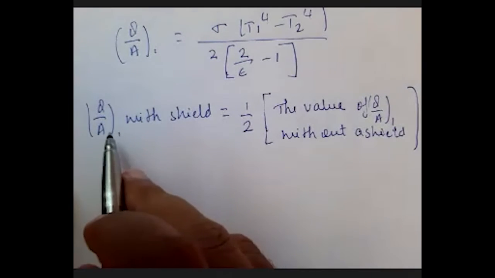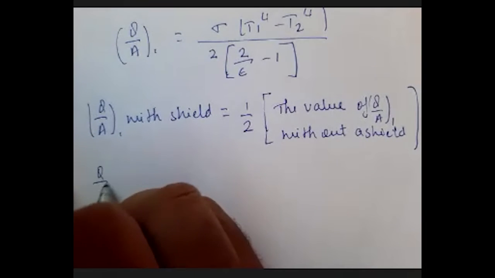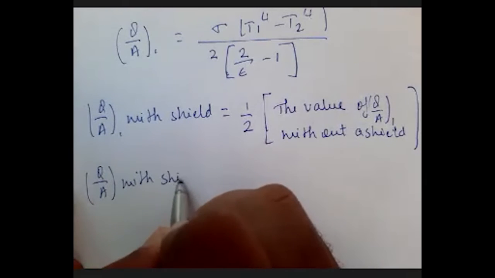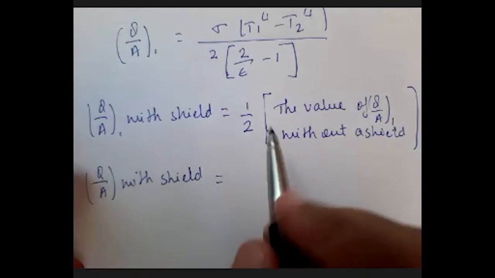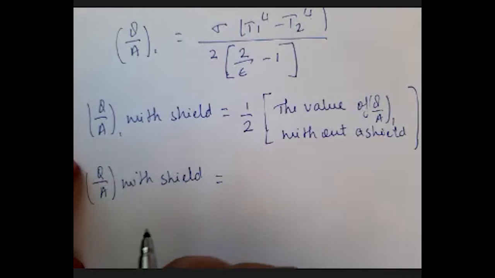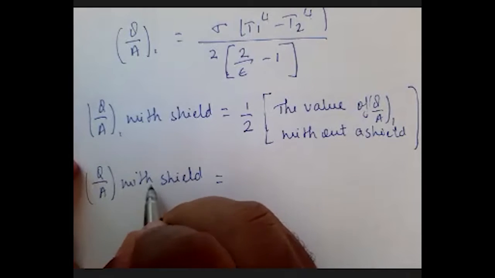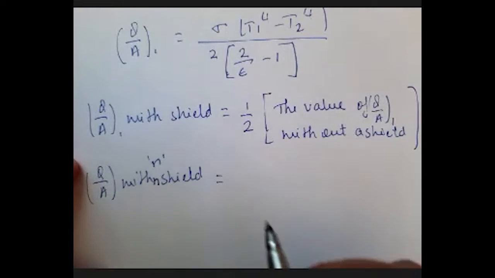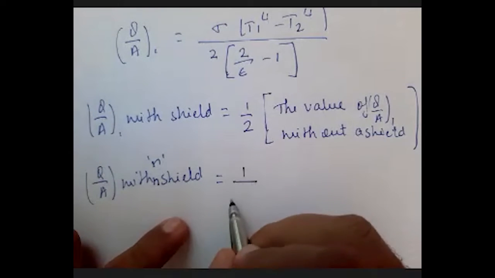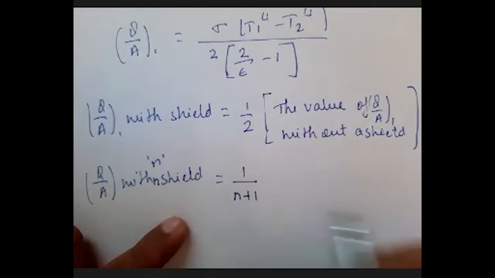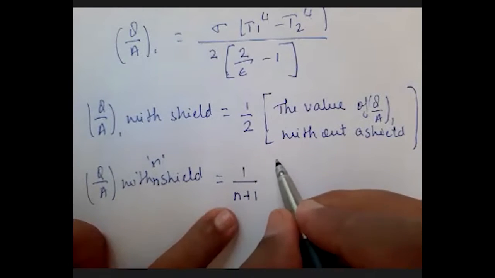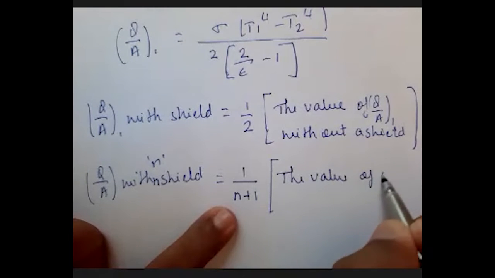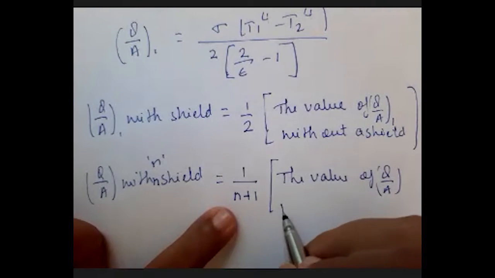So this can be written as Q by A with shield. If I have n number of shields, Q by A with n shields will be nothing but 1 upon n plus 1 into the value of Q by A without shield.